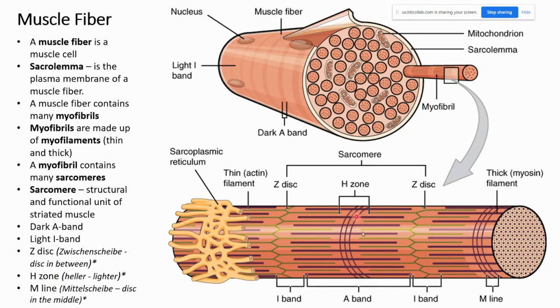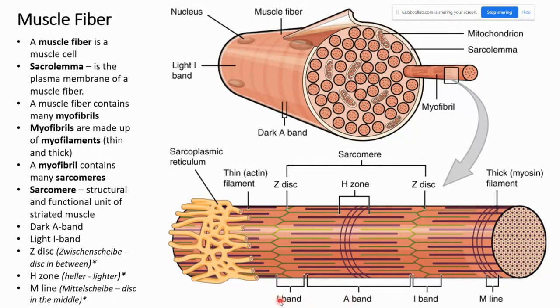Where myosin is present, all in through here, and overlapping actin as well, this whole area, the entire length of the myosin, the thick filaments, that's called the A band, and those are the dark bands. So that's how we get the light band, dark band, light band, and so on, which are I band, A band, I band, alternating. An easy way to remember is that the letter A is the only vowel in dark.